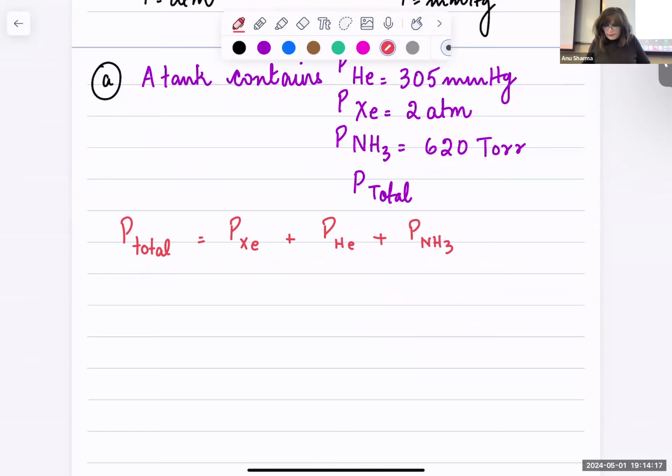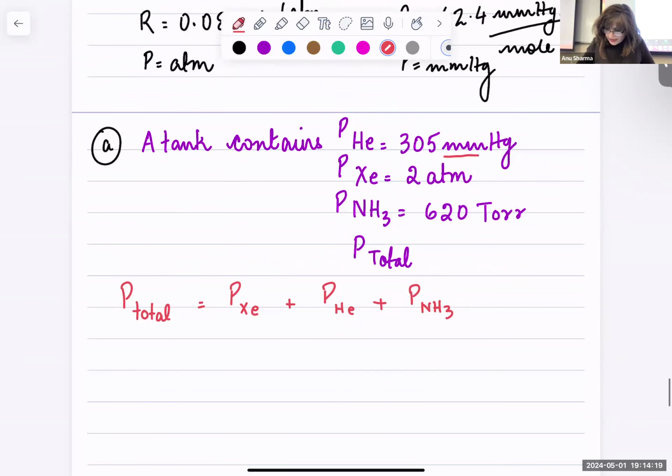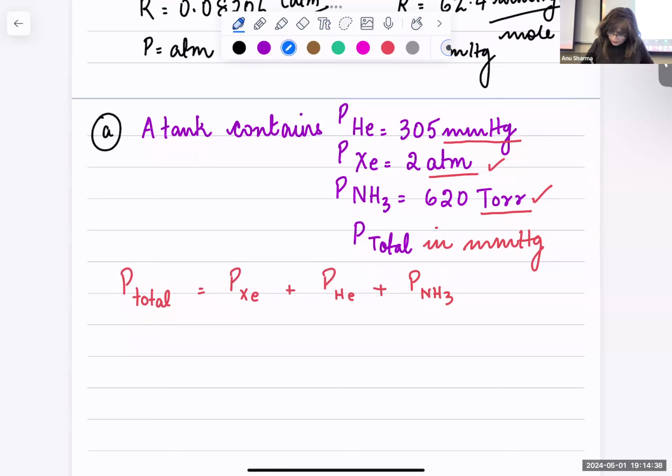But the problem here is, make sure that the units are the same. If the question is saying find P total in millimeters of mercury, you have to change these to millimeters of mercury. So first do that. Xenon is 2 atm.